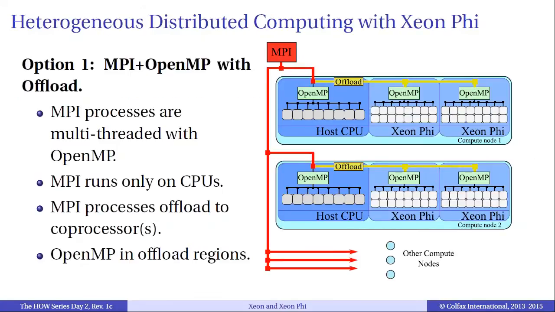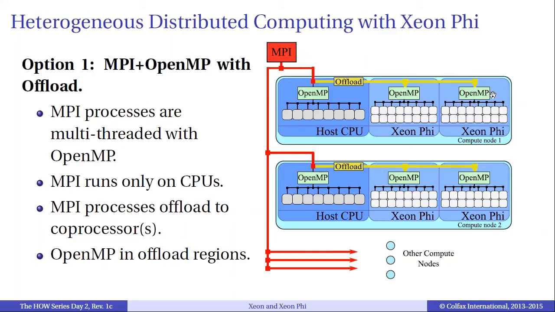The two programming models allow you to scale not just across multiple coprocessors within one system, but also across multiple coprocessors in a cluster. And with Xeon Phi, there are two ways that you can scale across a cluster. So this is my cluster. It has one compute node, another compute node, and each compute node has a CPU and one or many Xeon Phi coprocessors.